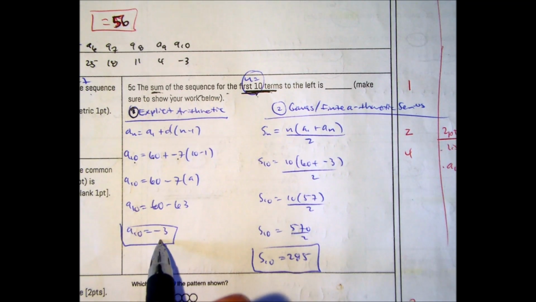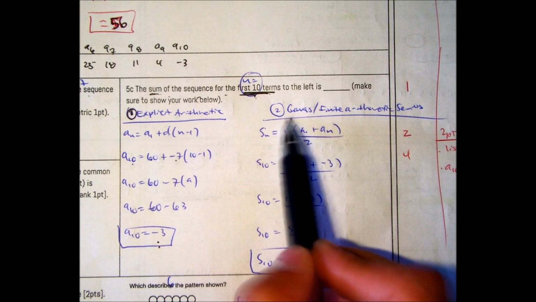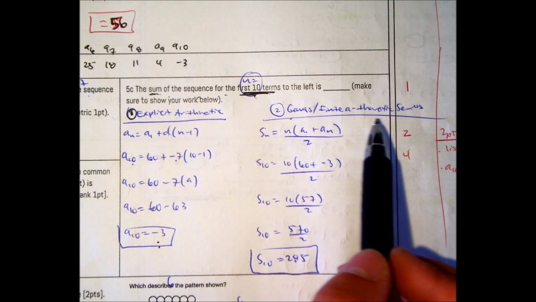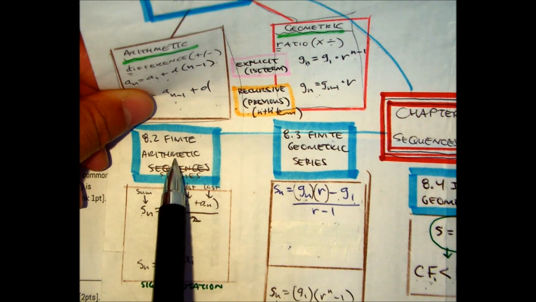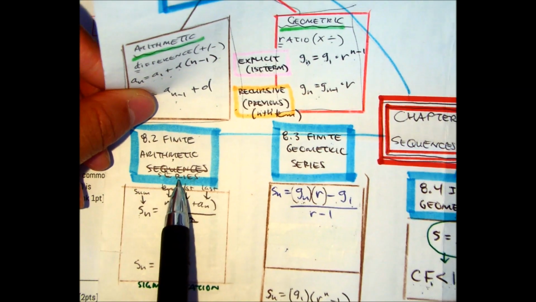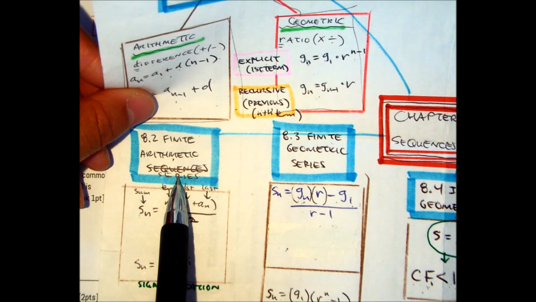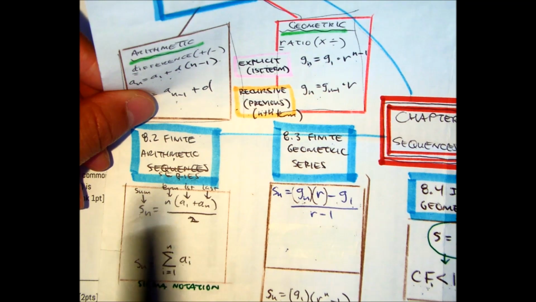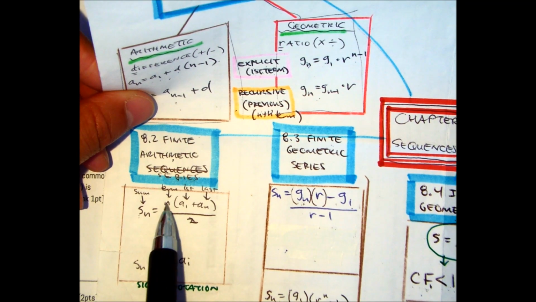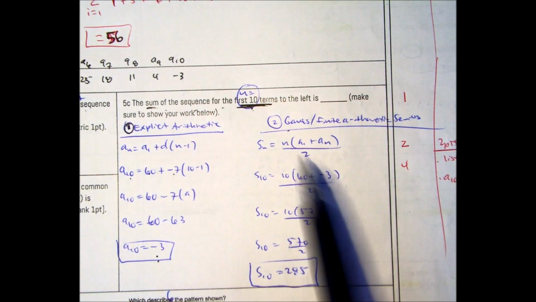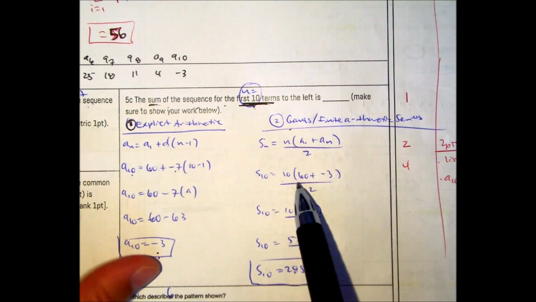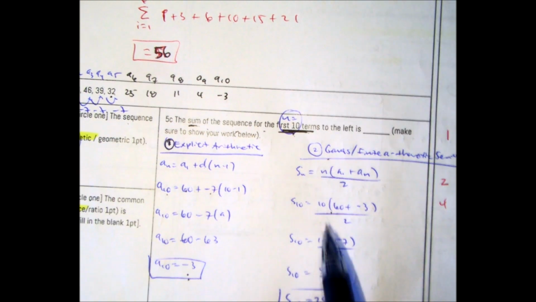With this number now, I can use Gauss's formula, or finite arithmetic series. I know it's arithmetic. I know it's a series because I'm adding up numbers, a sum. So I'm writing down this formula. n is our 10 value. a_1 is 60 from over here.